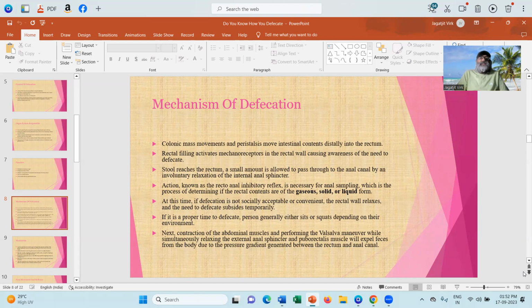Next, contraction of the abdominal muscles and performing the Valsalva maneuver while simultaneously relaxing the external anal sphincter and puborectalis muscle will expel feces from the body due to the pressure gradient generated between the rectum and the anal canal.